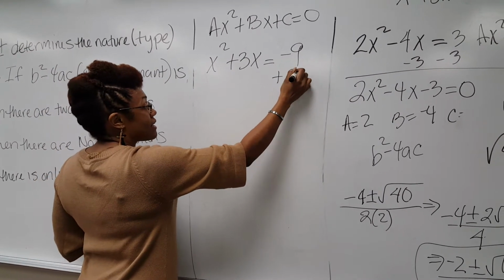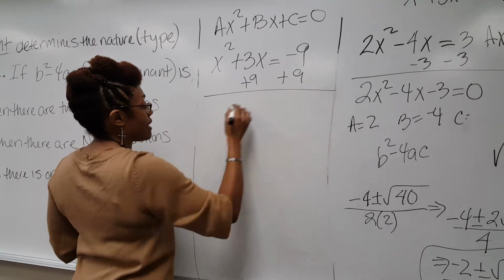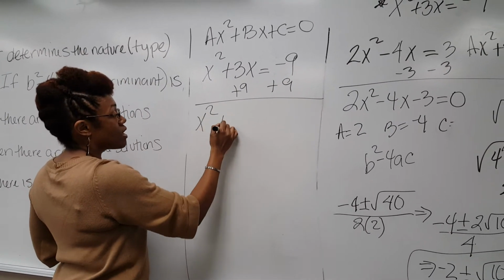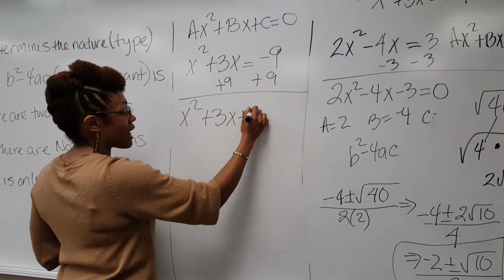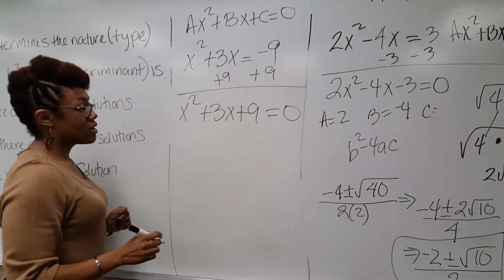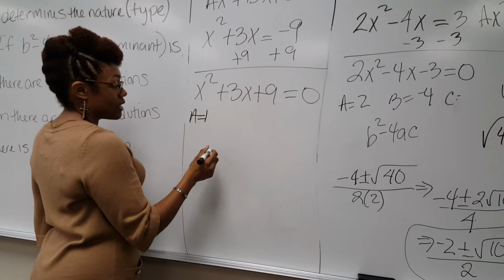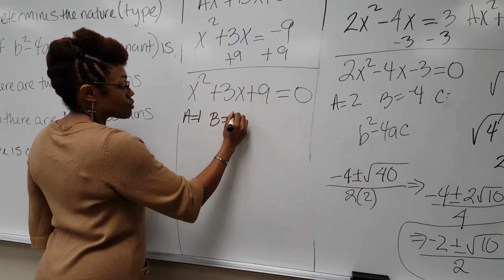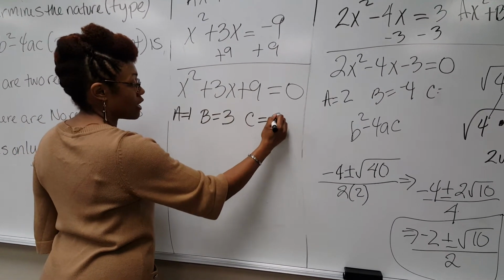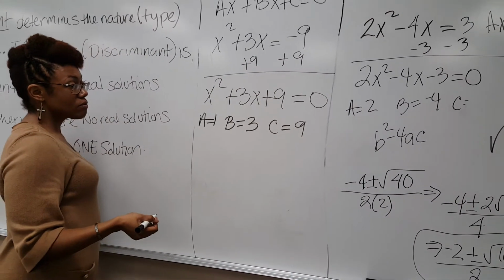So I add a 9 to both sides, and now I'm listed as x squared plus 3x plus 9 equals 0. So from this information, I know that a is going to equal 1, b is going to equal 3, and c is going to equal positive 9.